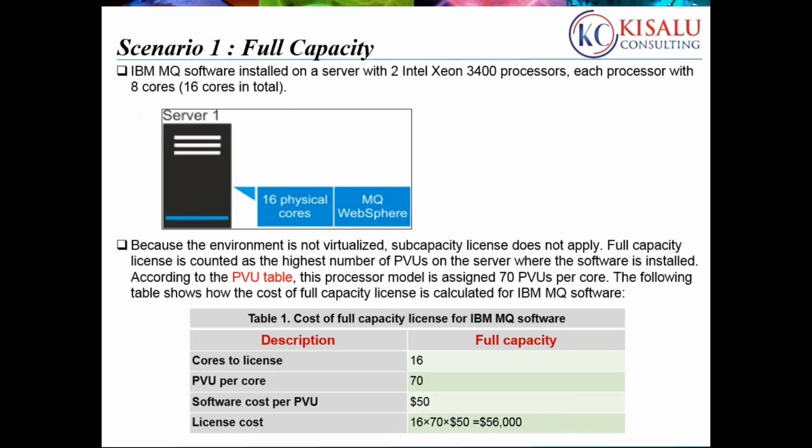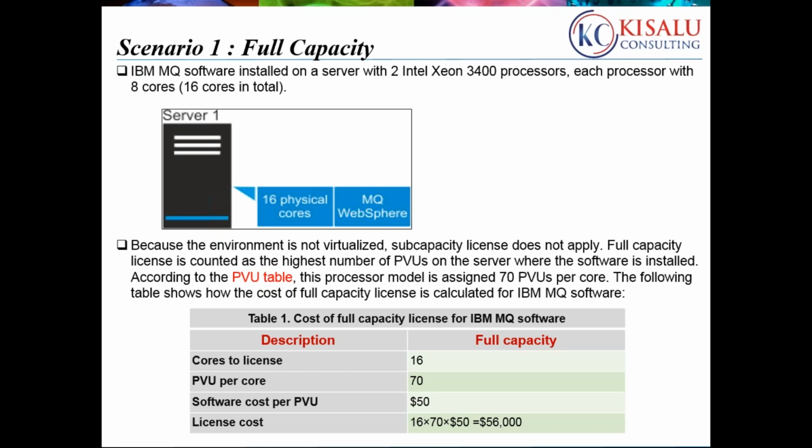The first scenario is full capacity. So we have, for example, an IBM MQ software install. By the way, the concept that we're sharing now will apply to most scenarios that you will have for your customers.